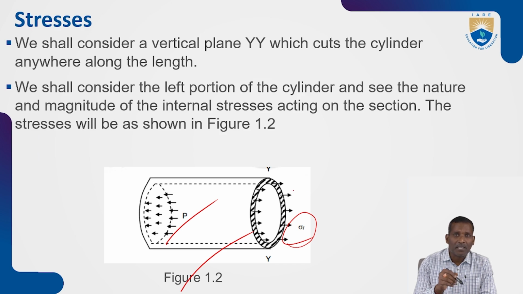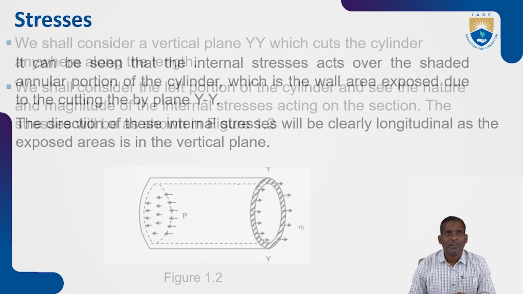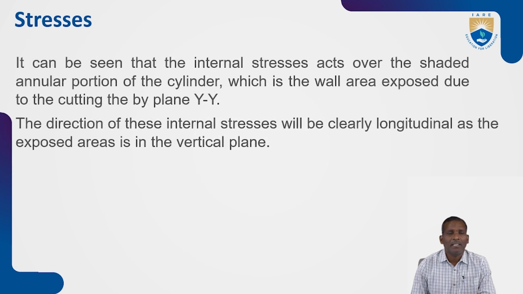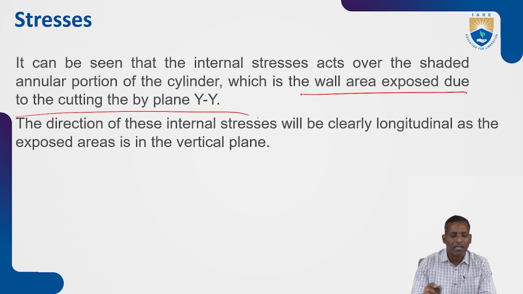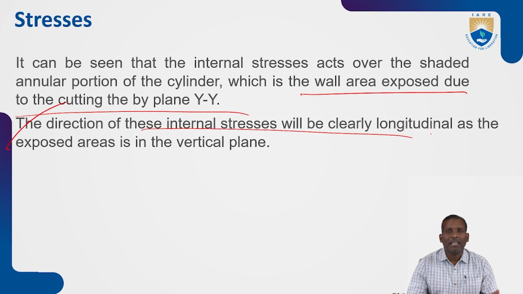So this is the resisting stress, opposite to this internal pressure. It can be seen that the internal stresses act over the shaded annular portion of the cylinder, which is the wall area exposed due to the cutting by plane Y. So the direction of these internal stresses will clearly be longitudinal, as the exposed area is in the vertical plane.